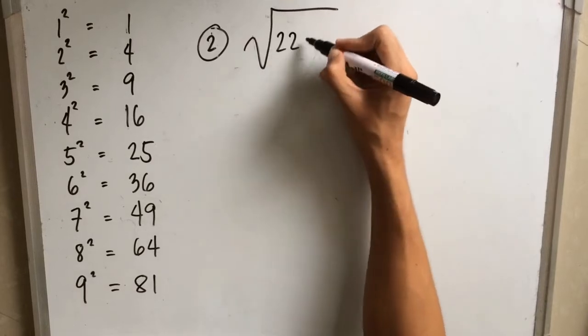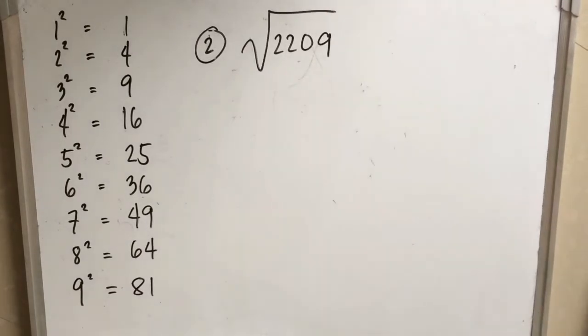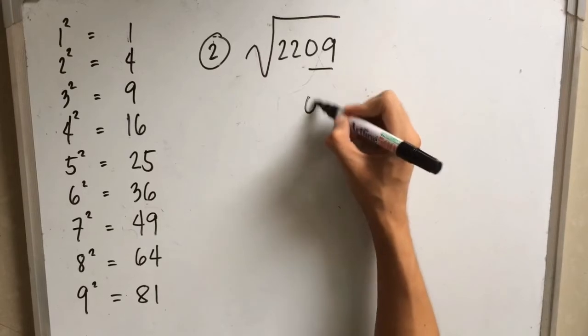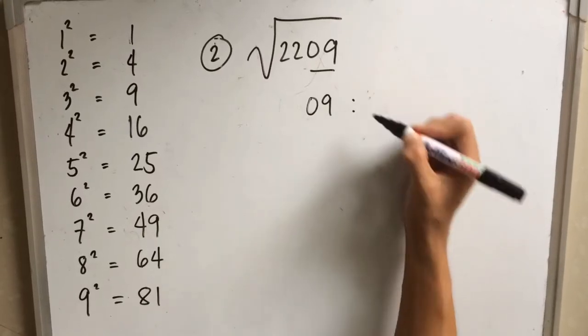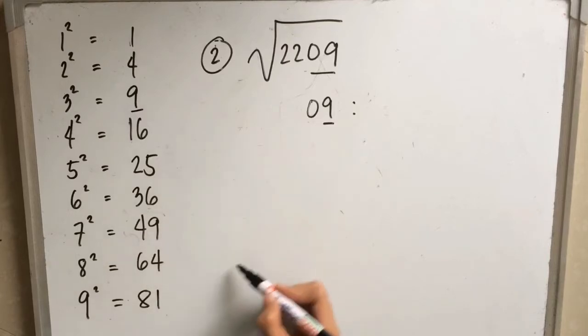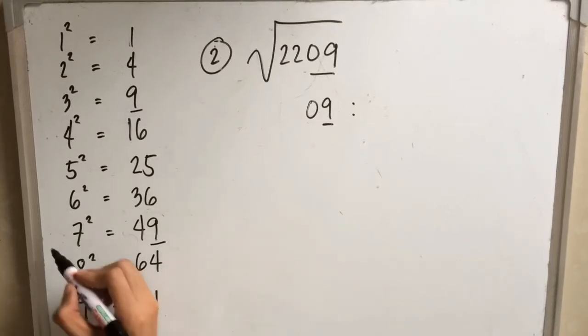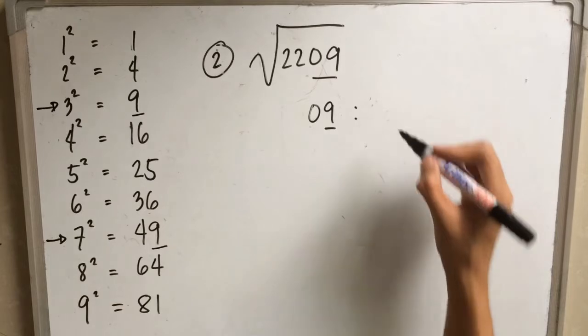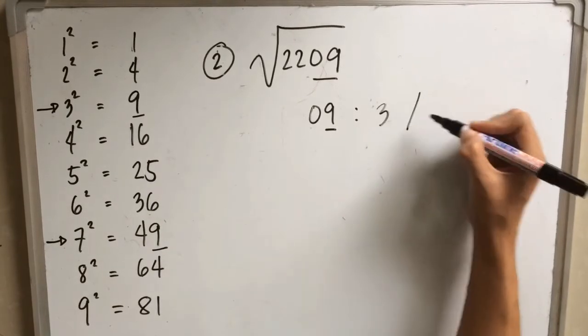Another problem, we have 2,209. We are going to find its square root. So the last 2 digits are 0 and 9, and the last digit is 9, so looking for the squares having 9, it's 7 squared and 3 squared. So it's 3 or 7.